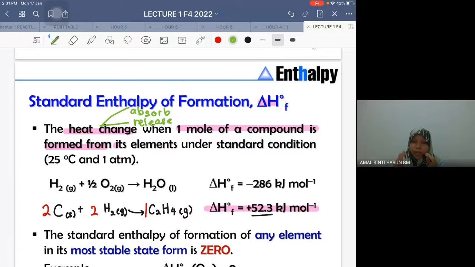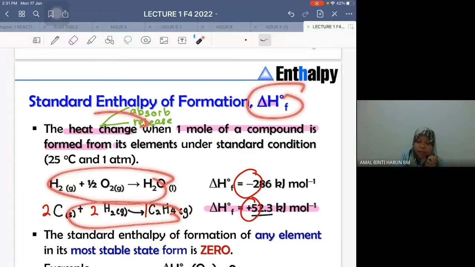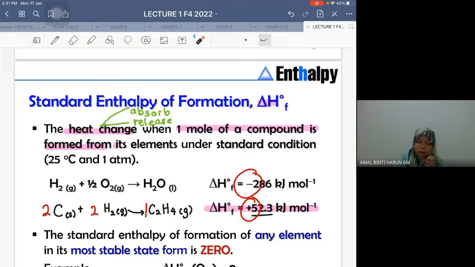Okay, sebab tu kita kata heat change. Ada kalanya dia positif, ada kala dia negatif. Dia depends on apa yang bertindak balas. Okay, sebab ada yang positif, ada yang negatif, enthalpy formation kita kata heat change. Maksudnya heat absorb ataupun heat release.